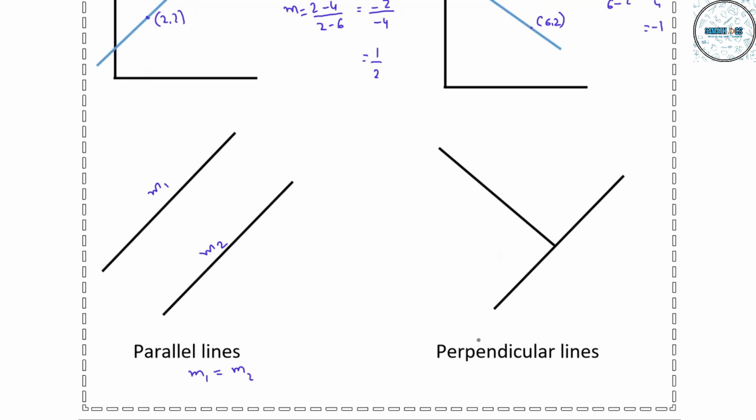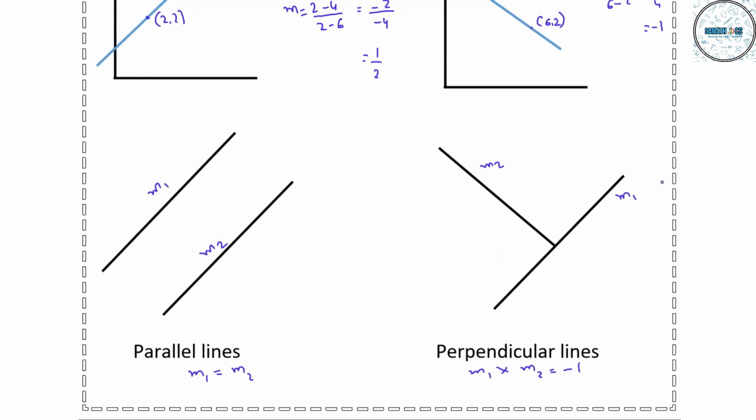Now for perpendicular lines, the gradients are negative reciprocal to each other. It means if the gradient of this line is m1 and the gradient of this line is m2, then m1 multiplied by m2 is equal to minus 1. This is the property we can use to solve different questions related to coordinate geometry.